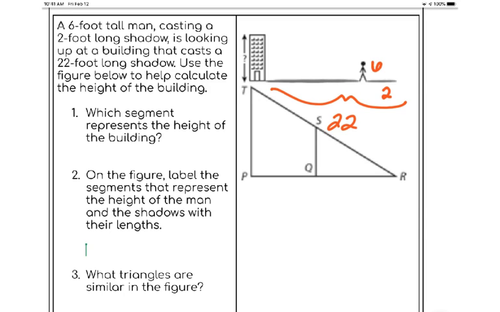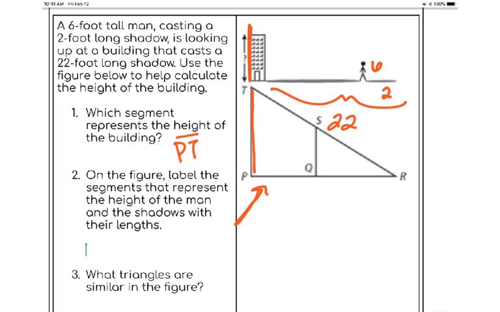Okay, so the first question is going to ask us which segment represents the height of the building. Okay, so the height of the building is here. So which segment on this triangle is going to represent the height of the building? And you might have said PT. So PT is going to be the height of the building. On the figure, let's label the segments that represent the height of the man.